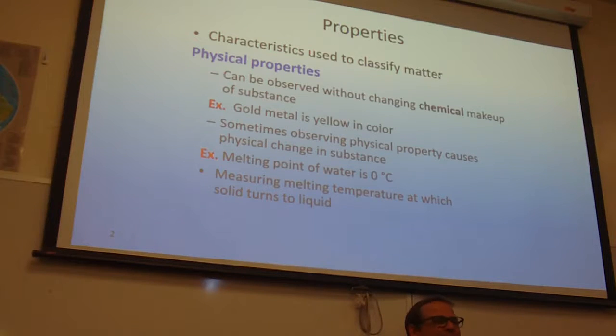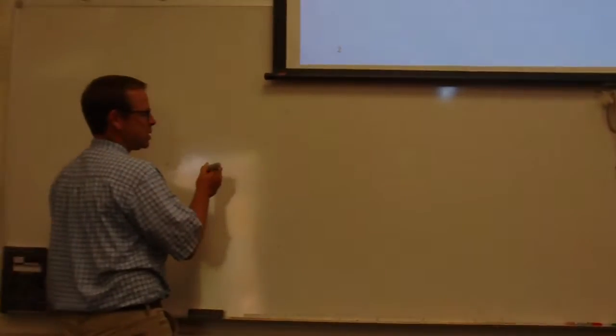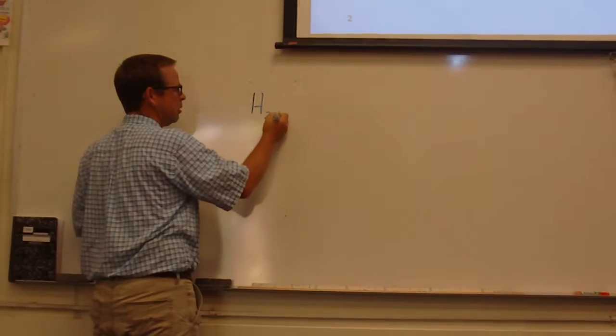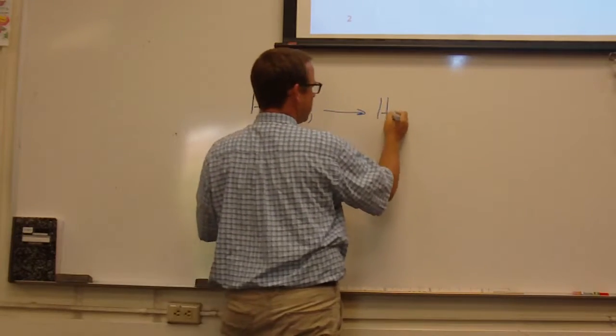Why isn't the melting point of a substance considered a chemical property? Do you guys remember that? What happens when we melt something? H2O solid goes to H2O liquid.